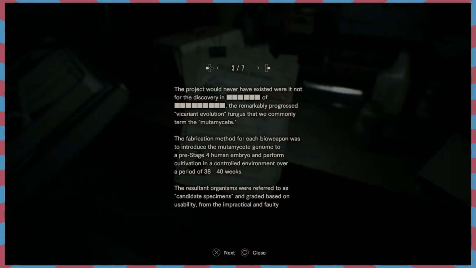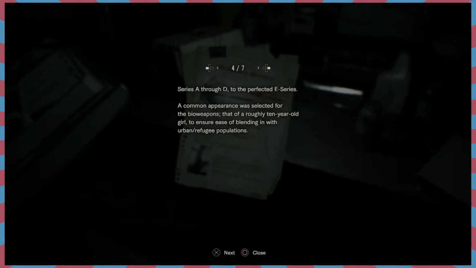The fabrication method of each bioweapon was to introduce the mutamycete genome to a pre-stage 4 human embryo and perform cultivation in a controlled environment over a period of 38 to 40 weeks. The resultant organisms were referred to as candidate specimens and graded based on usability from the impractical and faulty series A through D to the perfected E series.